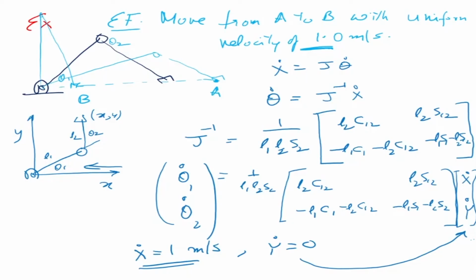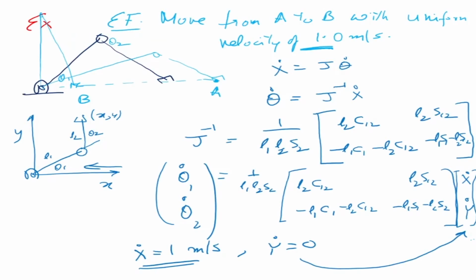Since y dot is equal to 0, one term in each row will become 0, both in terms of x dot and in terms of theta 1 dot and theta 2 dot.